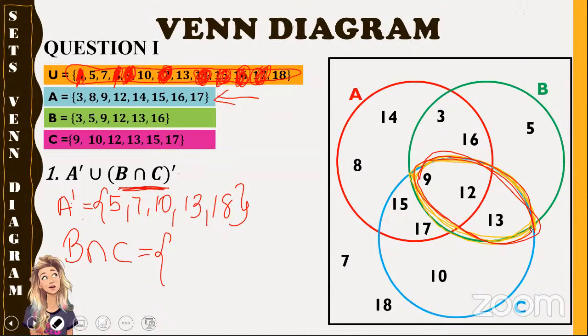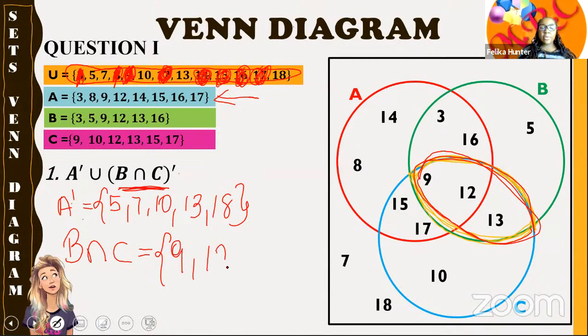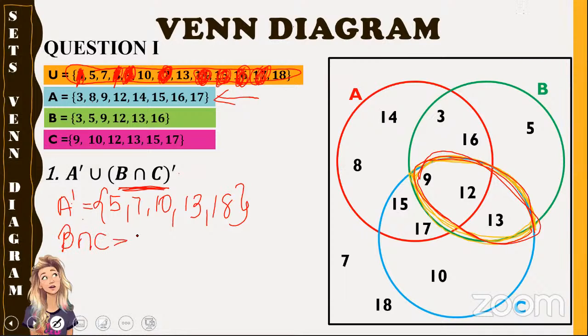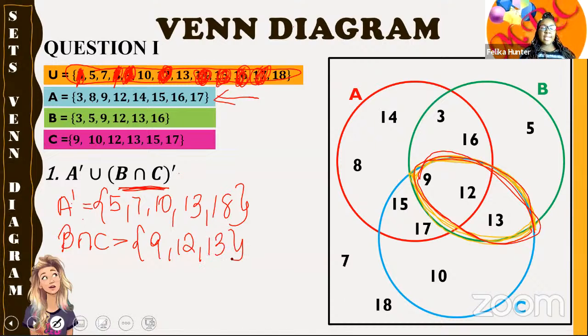What is there? 9, 12, 13. 9, 12, and 13. Let's just rewrite this a bit smaller. So it's B intersect C equals 9, 12, 13.